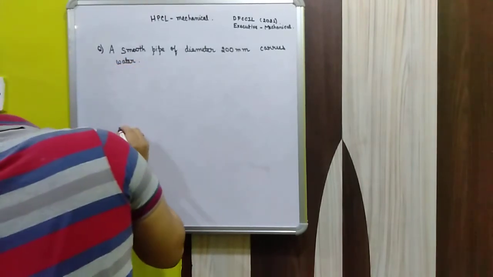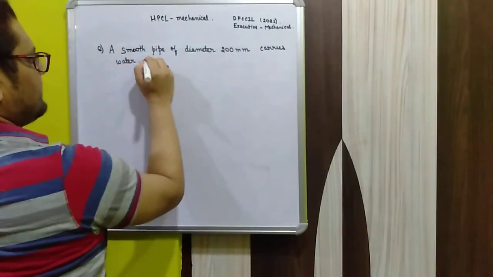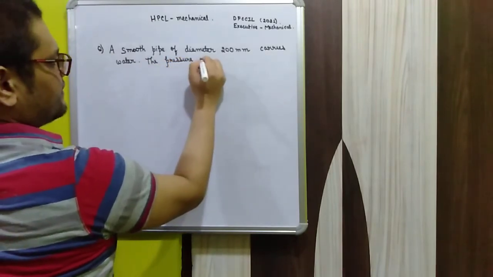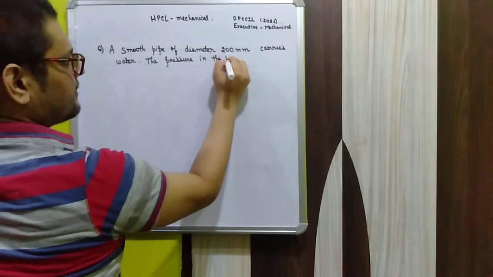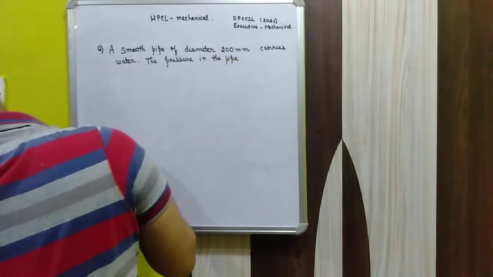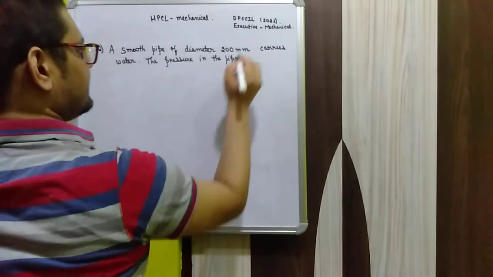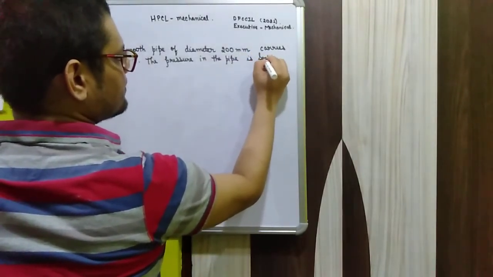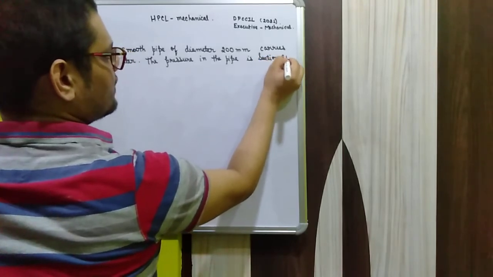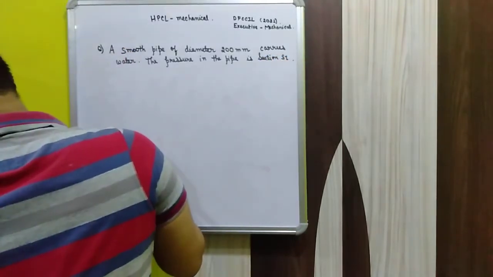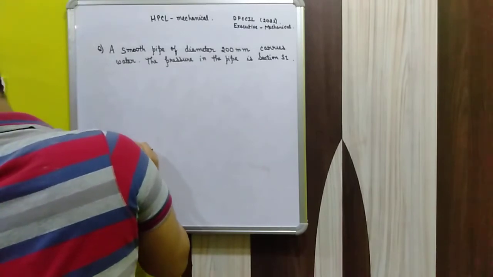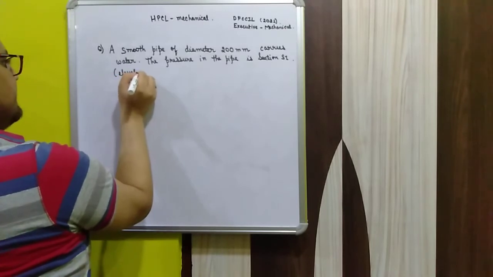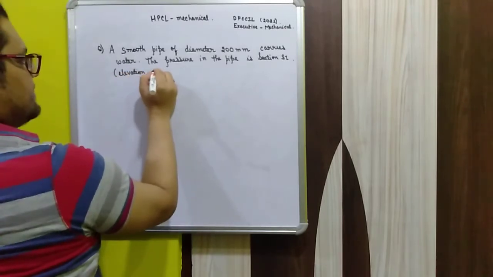The next part of the question: the pressure in the pipe at suction S1, and the elevation is given. Elevation is 10 meters.